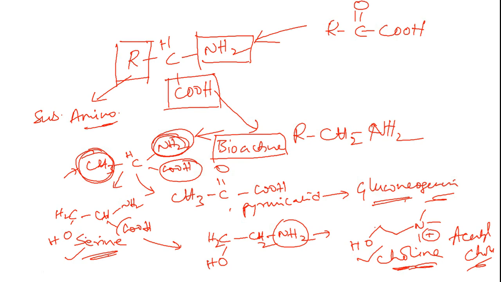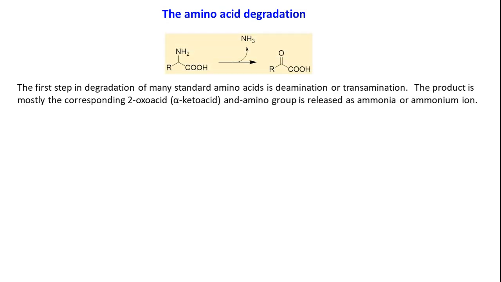Okay friends, now let's go into the actual details of amino acid metabolism. Metabolism here is catabolic reactions, some kind of degradation reactions, where the basic thing is that the amino group gets removed.